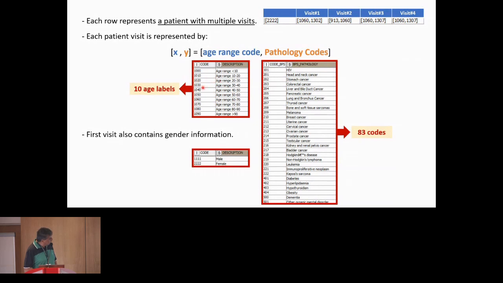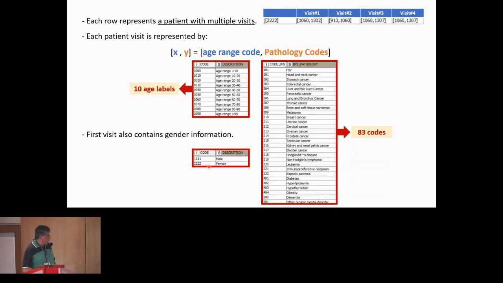Then 100 is the range up to 109. Then 1302 belongs to the pathology code. We have 83 codes like this one, but according to the challenge we focus on those 4 endpoints. As you see here, the code 111 is male and 222 is female.